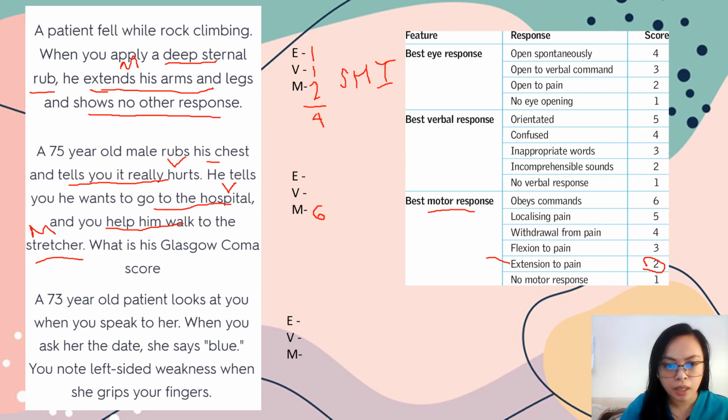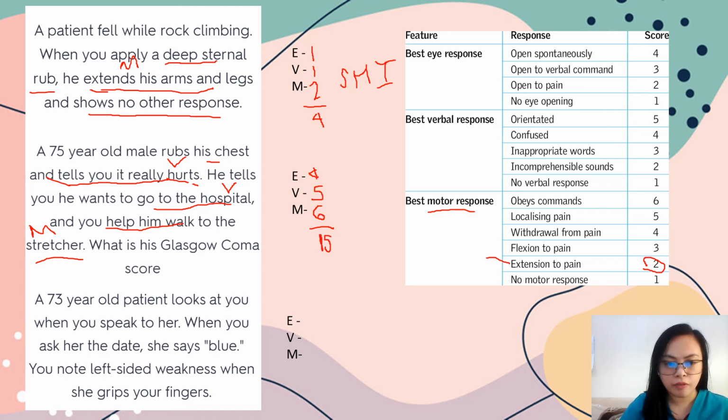For verbal, he is vocal, he is oriented, so we score him 5. And the patient obviously is awake, so the eye score is 4. The patient is scored now 15, which is the highest possible score.